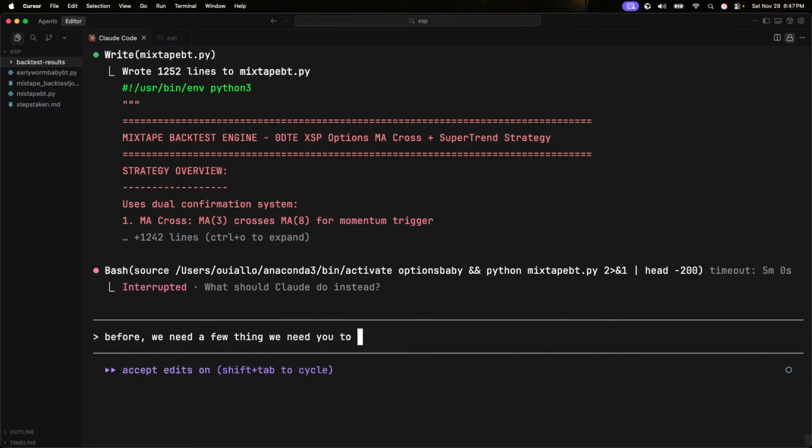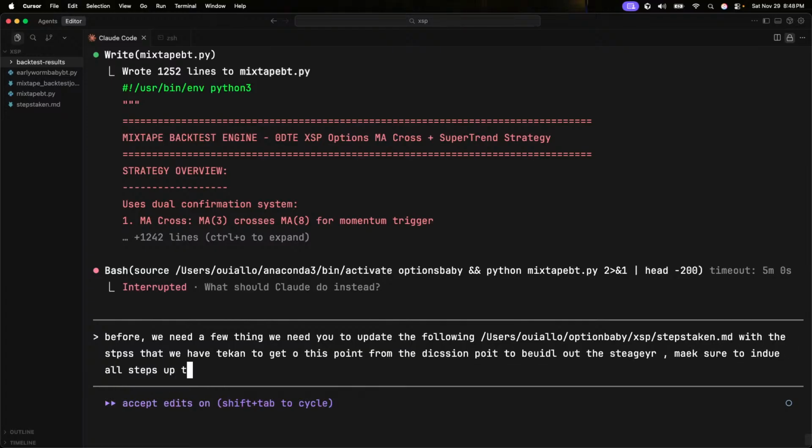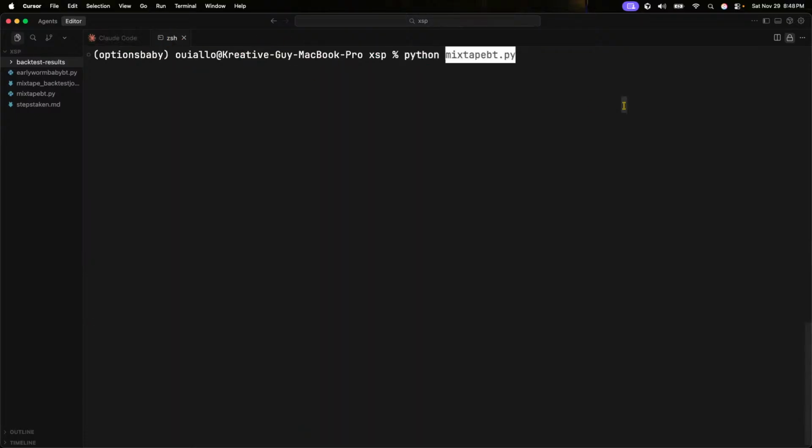We need you to update the following with the steps that we have taken to get to this point, from the discussion points to building out the strat. Make sure to include all steps up to this point so we can track it. Also, once done, oh, that's it. Beautiful. So that's good. Now I can go run our back test.